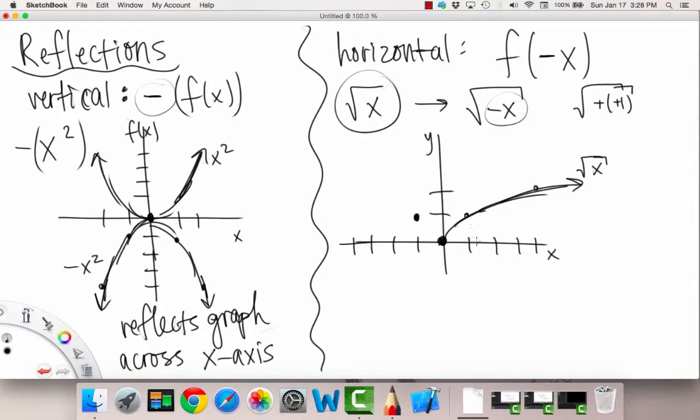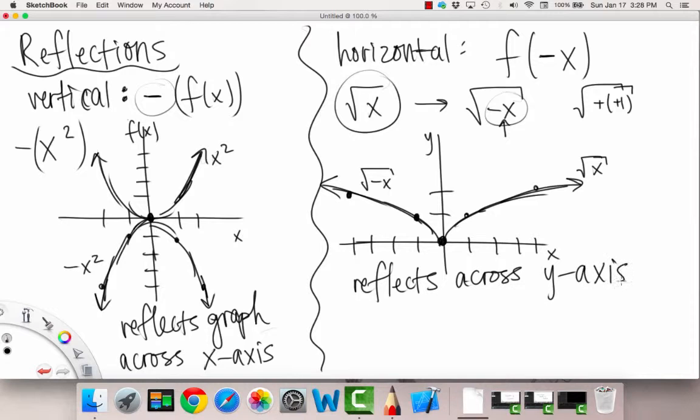Whereas if you were to plug a 1 into this, it would be undefined because you can't take the square root of a -1. So everything flips across the y-axis. Let me do that with -4, comma 2. We get a swoosh that looks like this instead, and this is the square root of -x. So a horizontal reflection reflects across the y-axis.